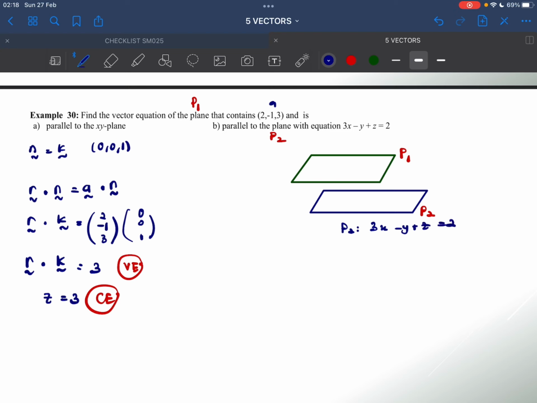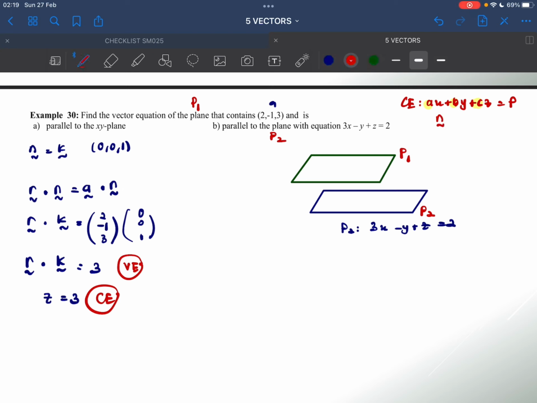From that you know the normal. Remember the Cartesian equation: ax plus by plus cz equals the value of the dot product. So from here you can see that a, b and c are actually your normal vector.